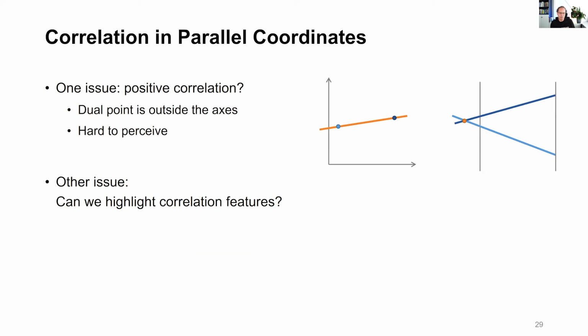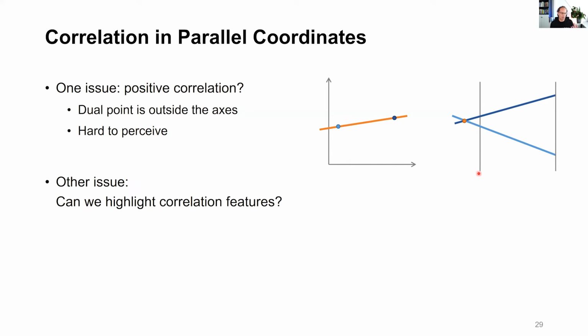Now, we've just seen that parallel coordinates provide a very clear visual pattern for linear correlations. But there are also some problems that still remain, and one comes with positive correlation. Here on the right, you see a typical example of a positive correlation as shown in the scatter plot. And if you do the corresponding parallel coordinates plot, you still see an intersection point, but the intersection point is now outside this pair of axes.